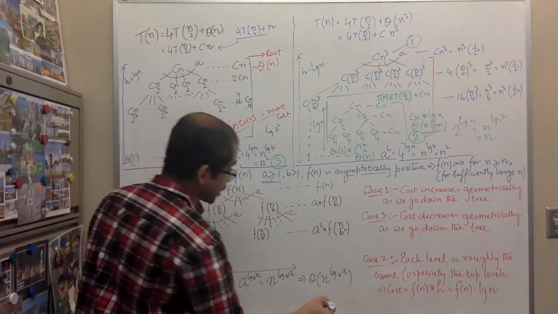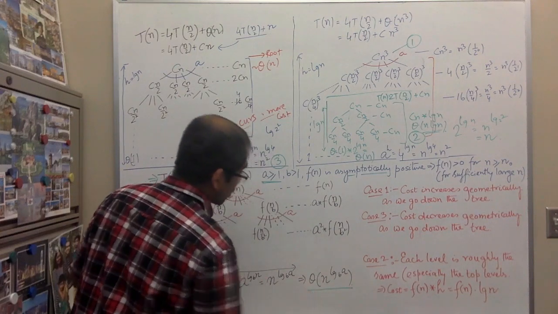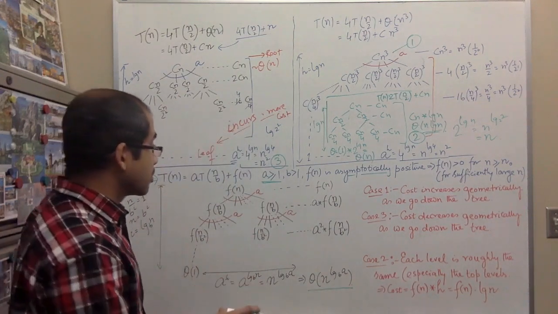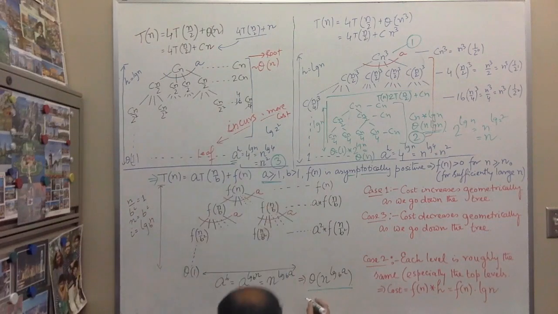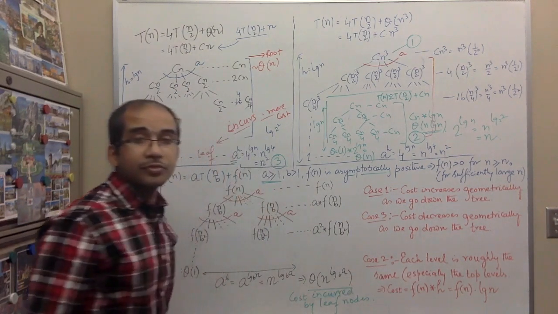So together they take theta of n to the power log a to the base b. This is the cost incurred by the leaf nodes.